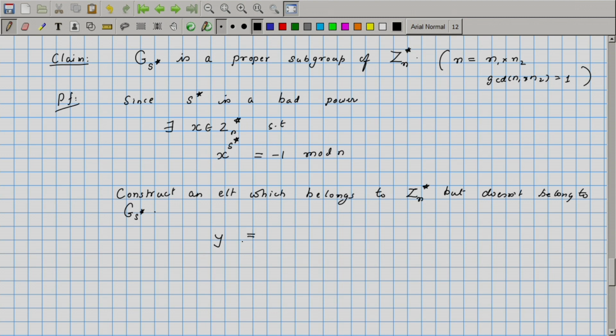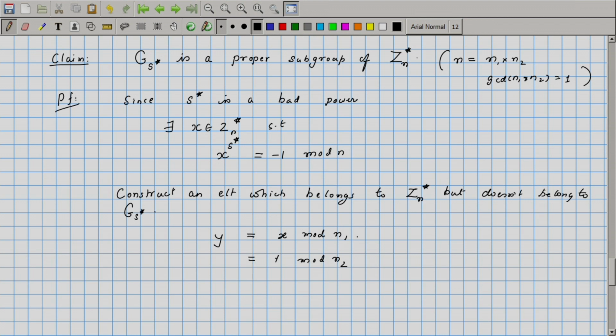So, y will be equal to x mod n1, and this will be equal to 1 mod n2.